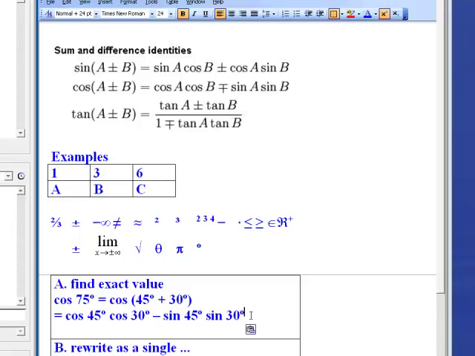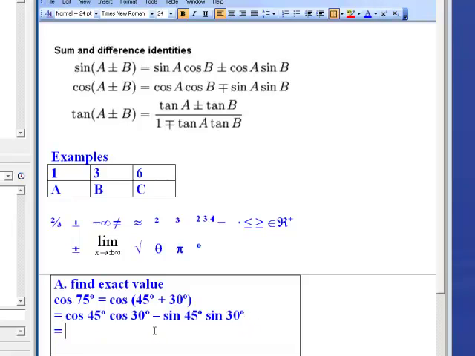So there we go. And now I can operate with that because I have memorized the special angles. Cosine of 45 degrees, of course, is square root of 2 over 2 times square root of 3 over 2.